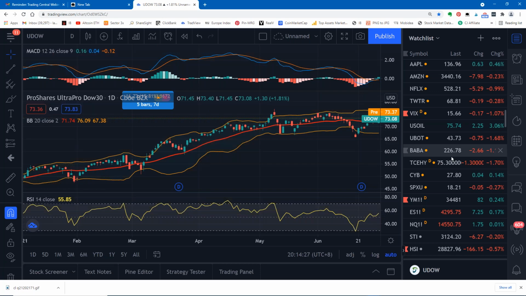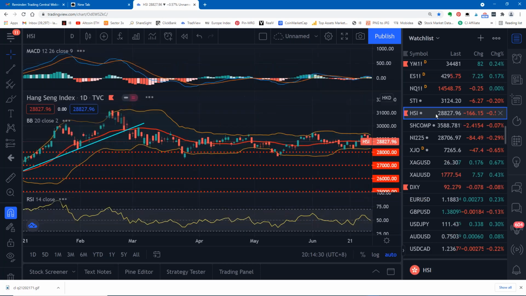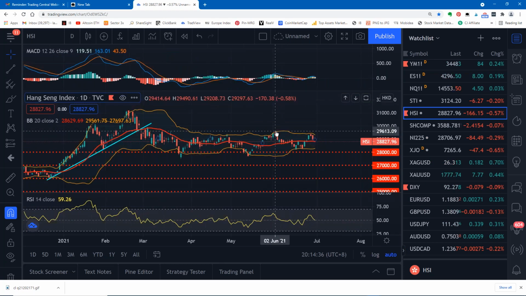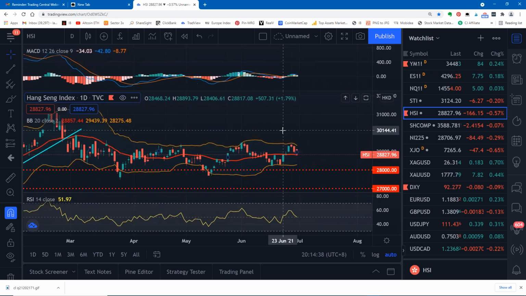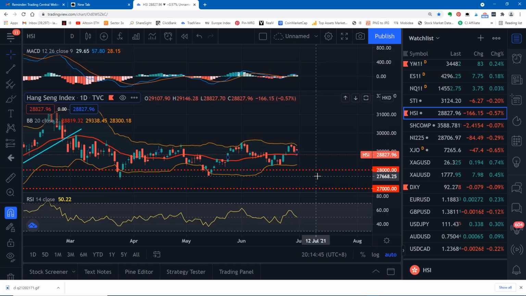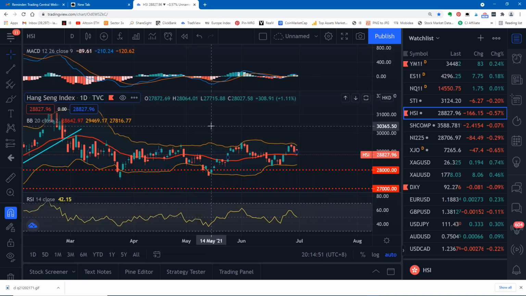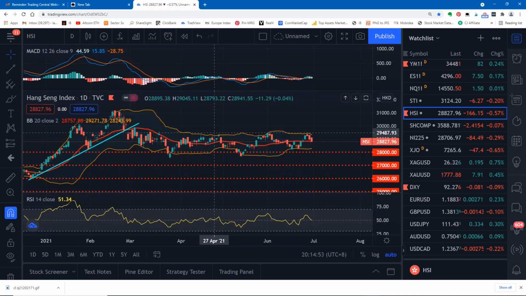Okay, let me check the Hang Seng Index daily chart. So now you can see we are still below 29,000. Hang Seng has been trading in the range for quite some time.